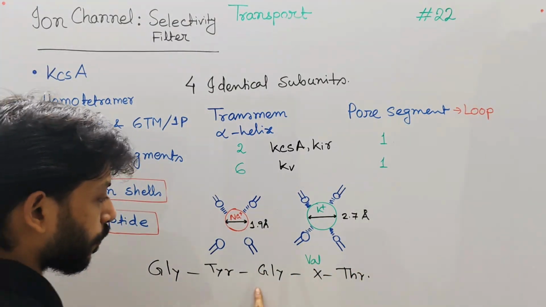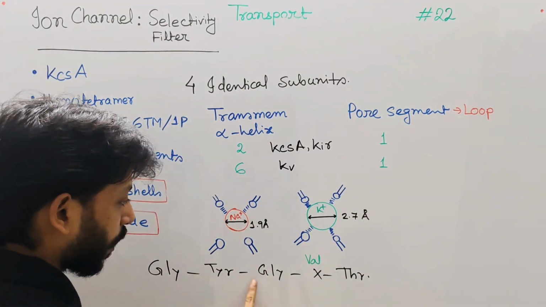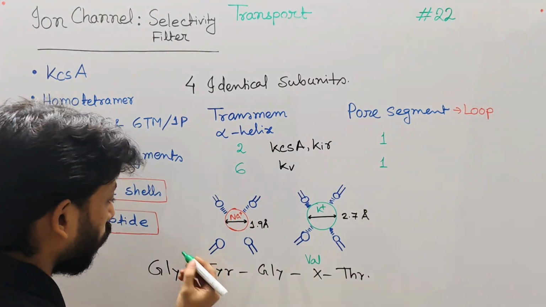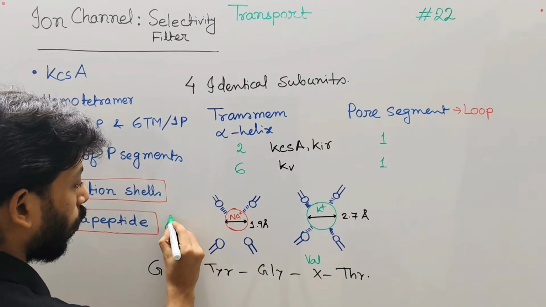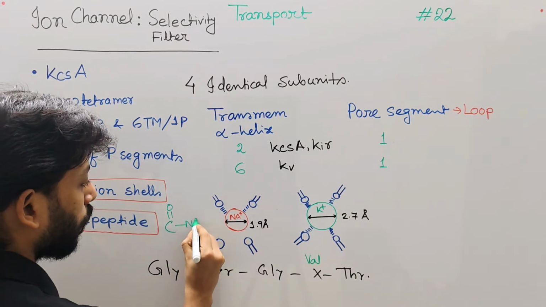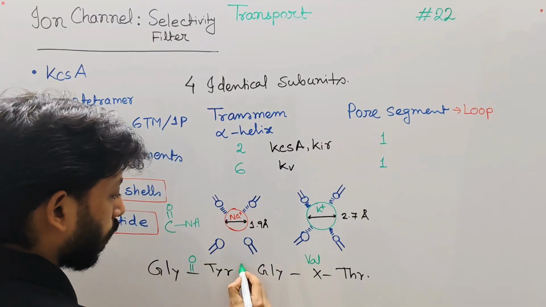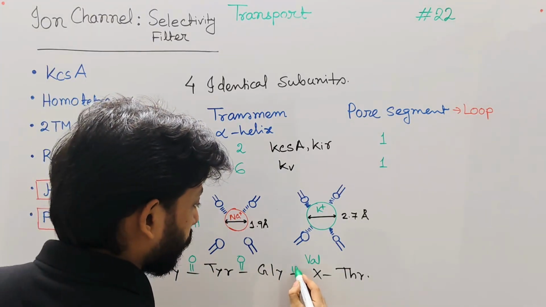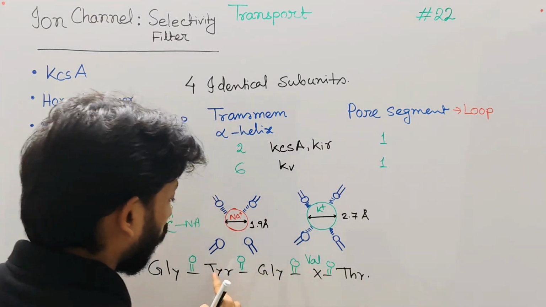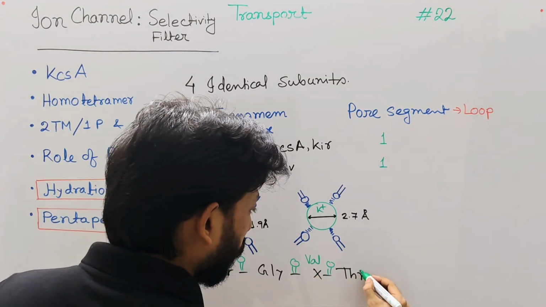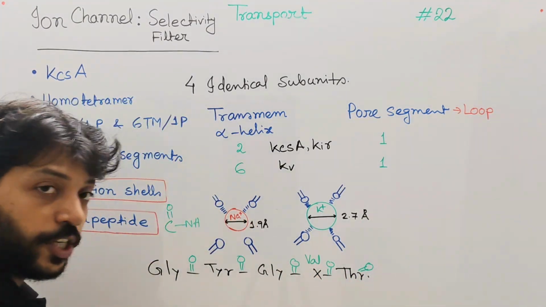Now here in this pentapeptide, the peptide bond or backbone contains carbonyl oxygens, because we know the peptide bond is a CONH bond. So each peptide bond shows 1 oxygen atom. So 4 oxygen atoms are shown by this backbone, and threonine also contains 1 side chain oxygen.